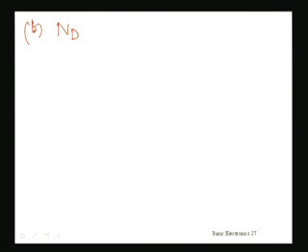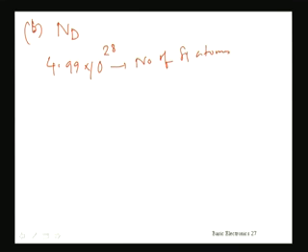We also know, and it is given in the problem, that the number of silicon atoms per meter cube is 4.99 into 10 to the power 28. Now, we are doping it 1 in 10 to the power 8 silicon atoms. So what will be the donor concentration?